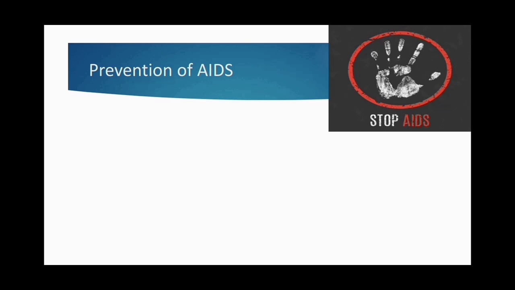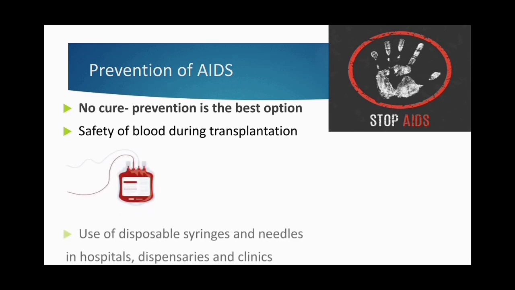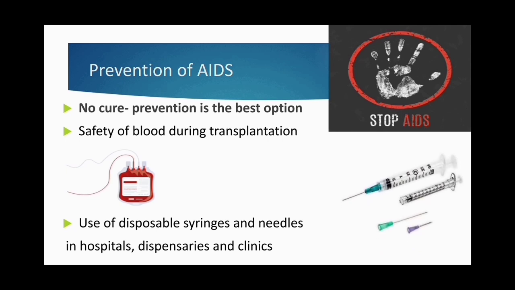So it is very important to know how we can prevent AIDS. Prevention is the best option since there is no cure. One is safety of blood during transplantation. Use of disposable syringes and needles in hospitals, dispensaries and clinics.